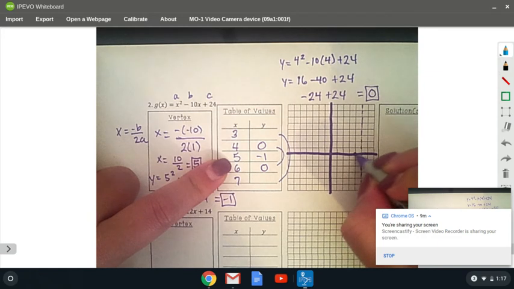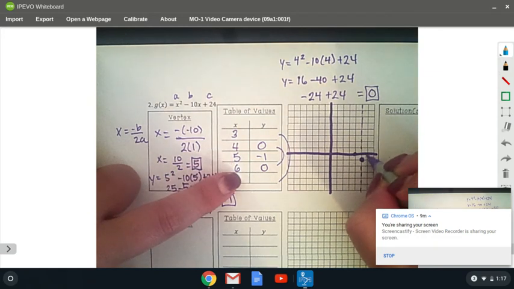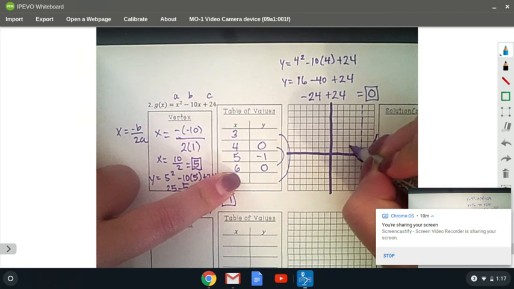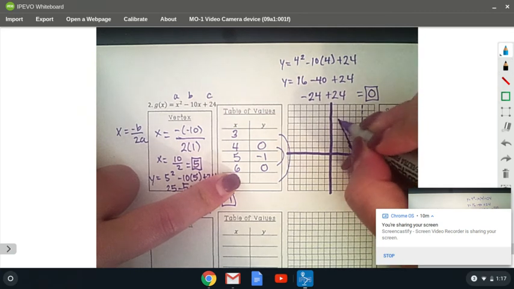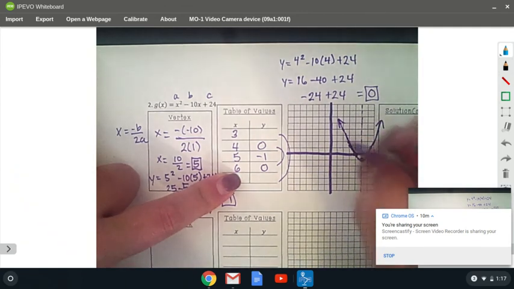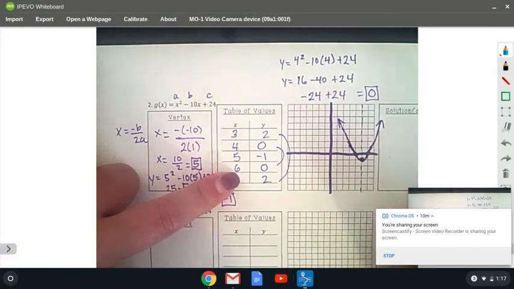So I can go ahead and plot that 4, 0, 6, 0. And then I can make my graph to estimate what I will get if I kept going. If I kept going, it looks like I would have gotten 2 for each of these.